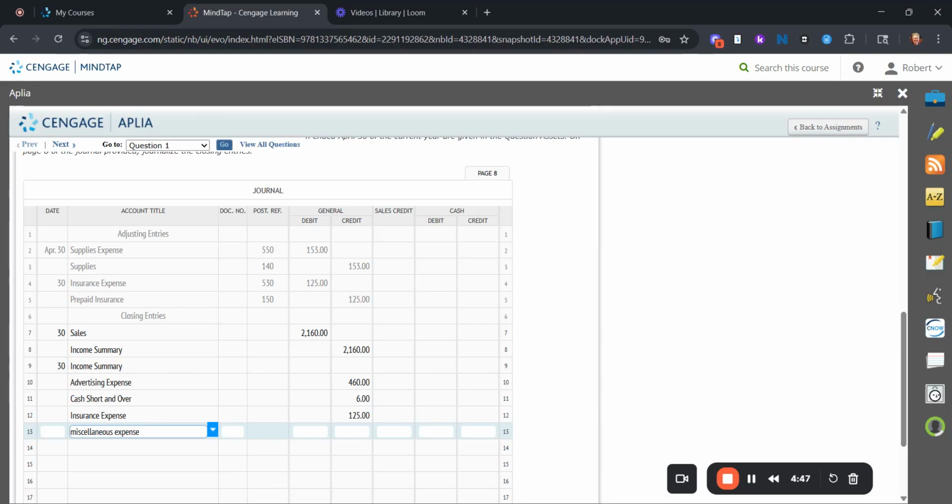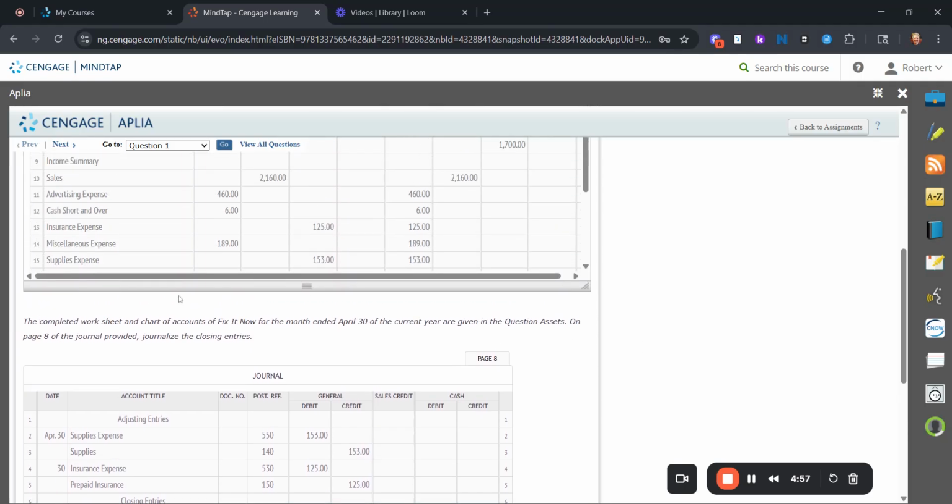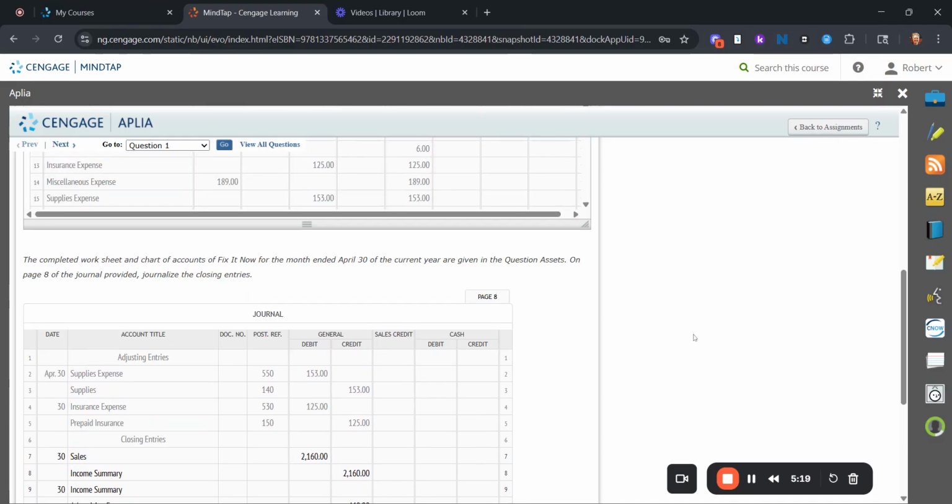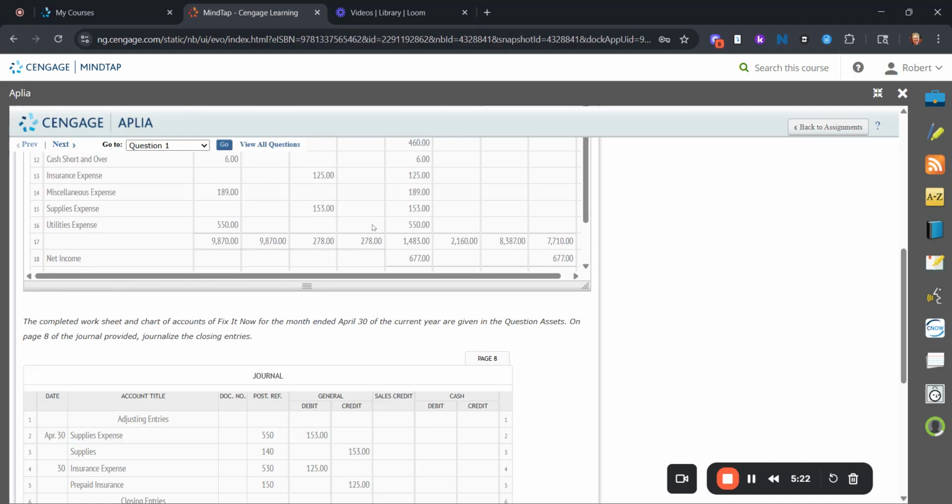I always have trouble with the word miscellaneous. Miscellaneous expense, $189. The next one, supplies expense, $153. Then the last one, utilities expense, $550.